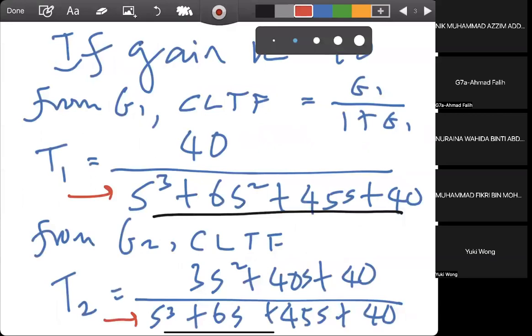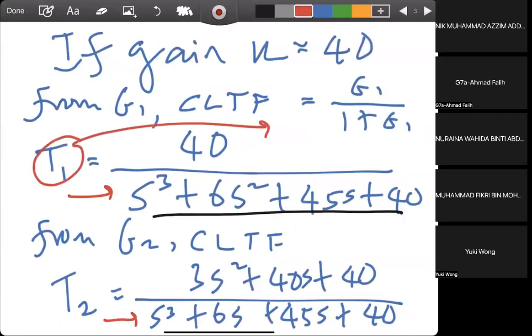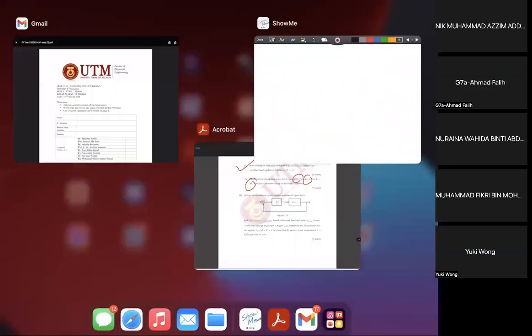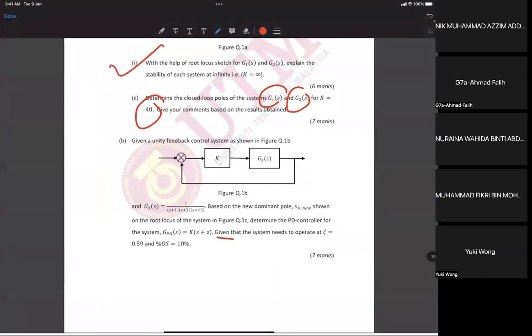This one, T1, has poles, no zeros. This one has poles and zeros. Am I right? Okay, so that is the observation based on the comment that they ask for, give your comments.